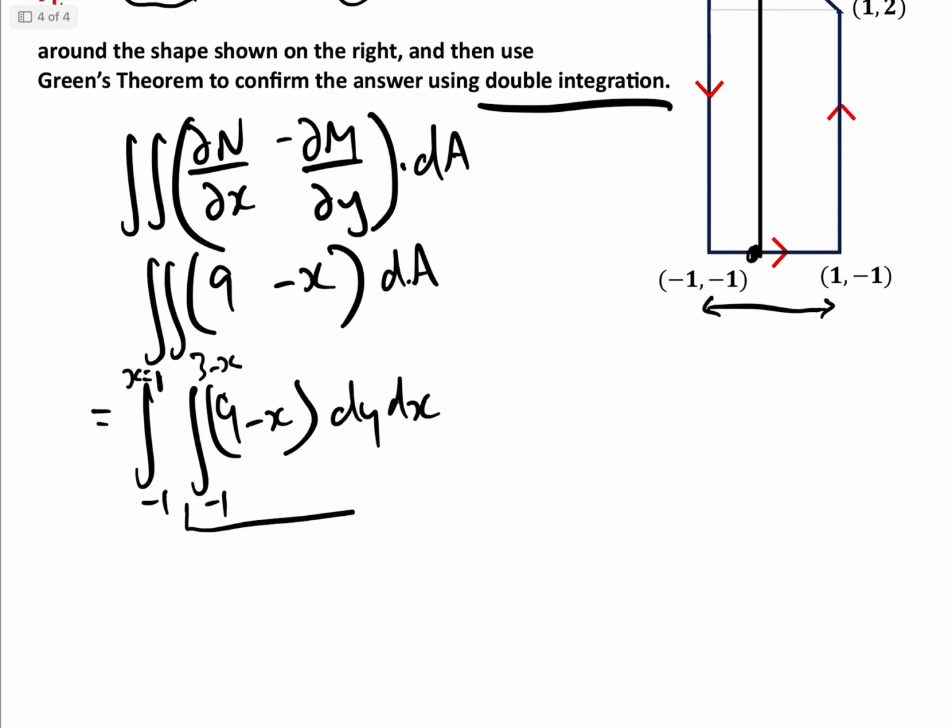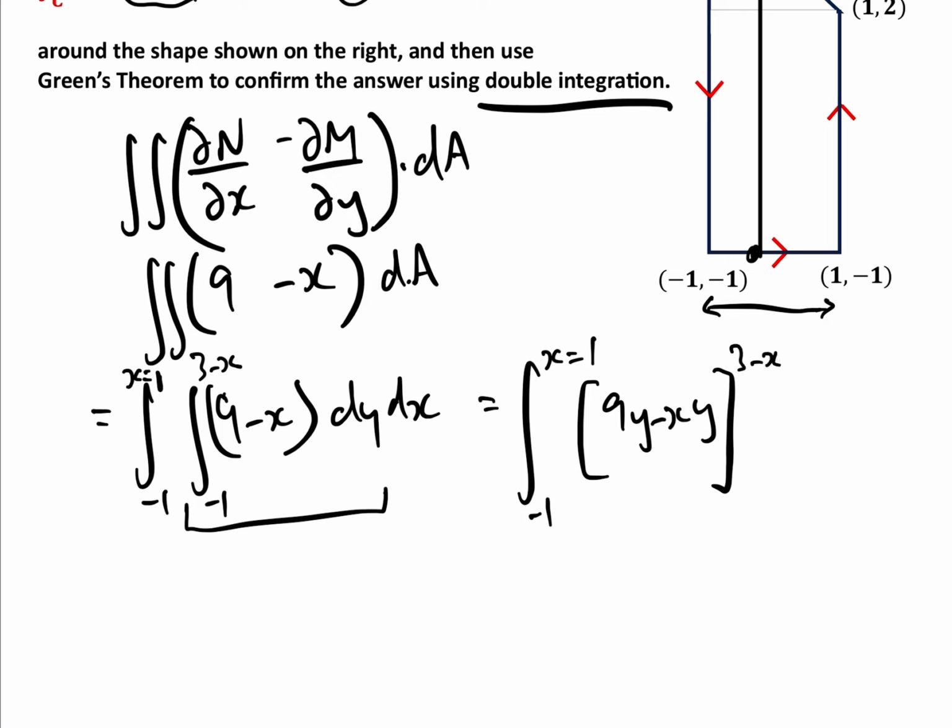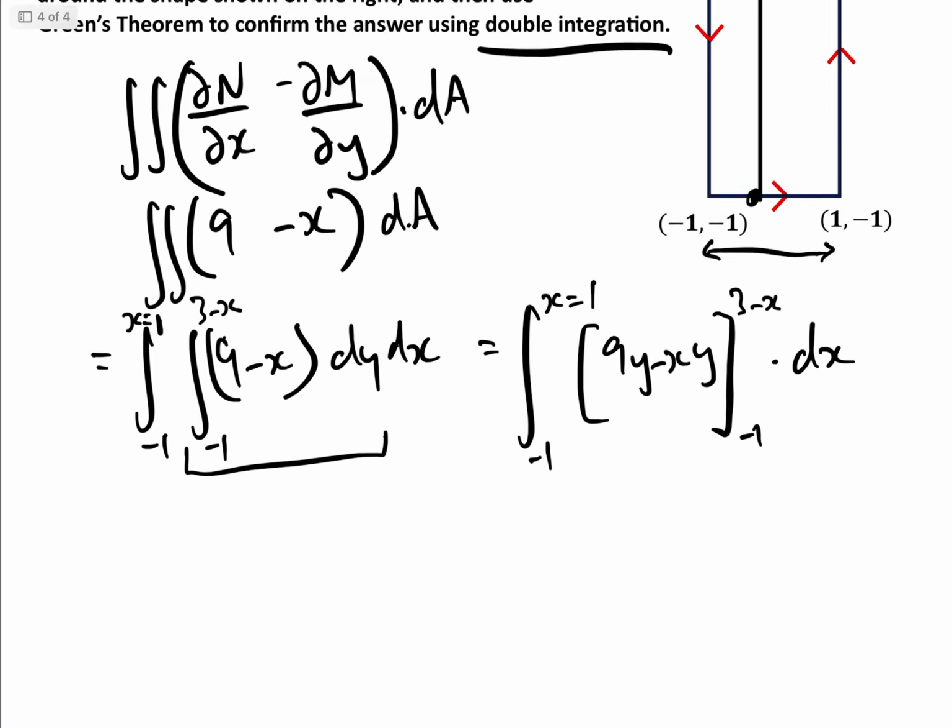Okay, so now let's integrate this bit here with respect to y. So that equals the integral, x equals -1 to 1, of 9y minus xy between 3 minus x and -1 dx.